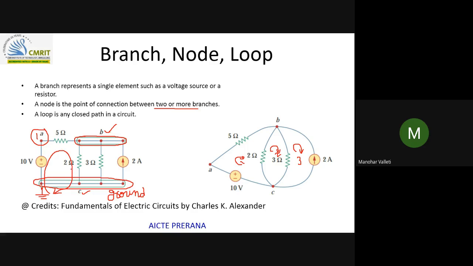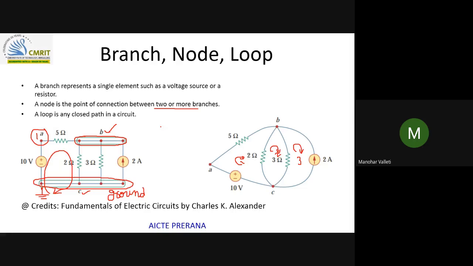Only then are we calling it a loop. This concept will help you a lot when you are solving the problems. So remember that when you are seeing a loop, you will always start from the ground and reach the ground back. That we will call a loop.